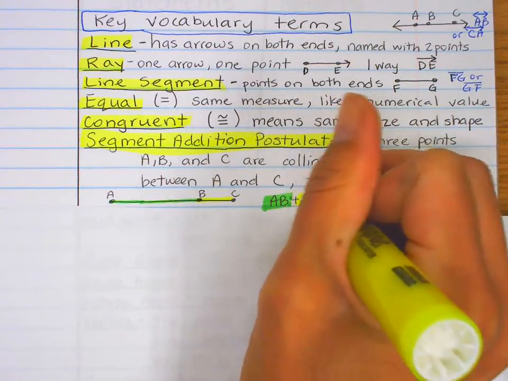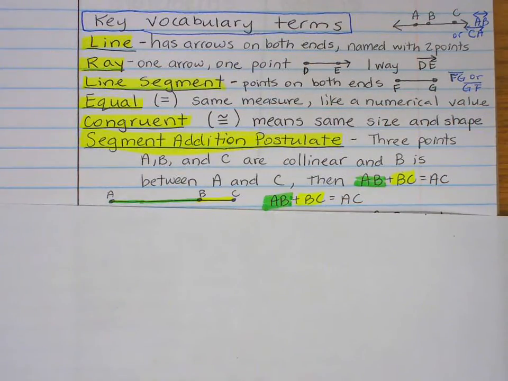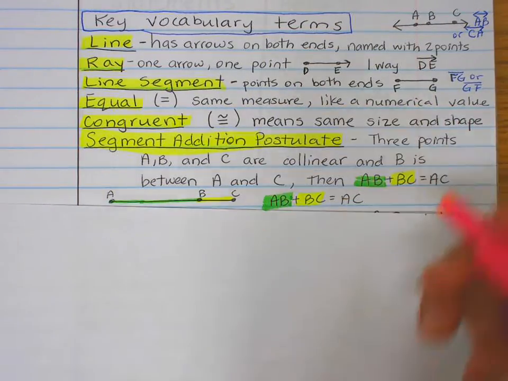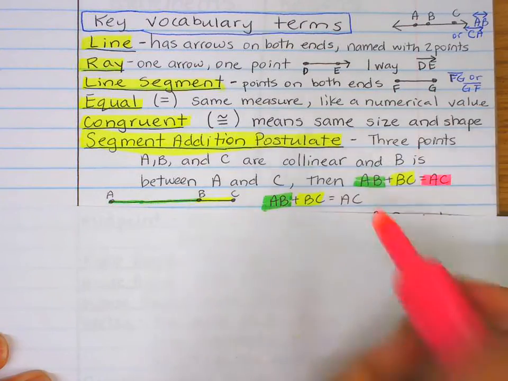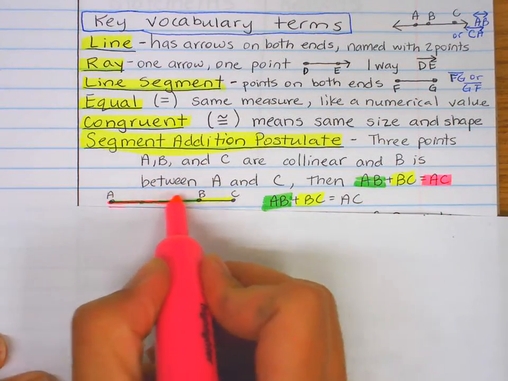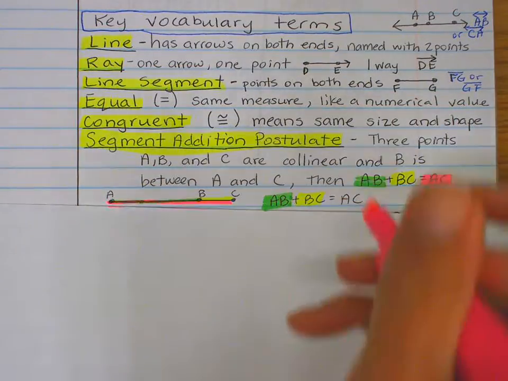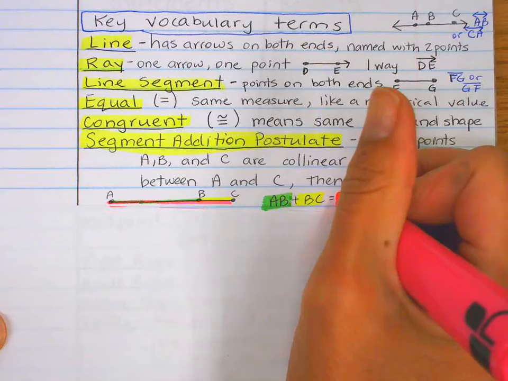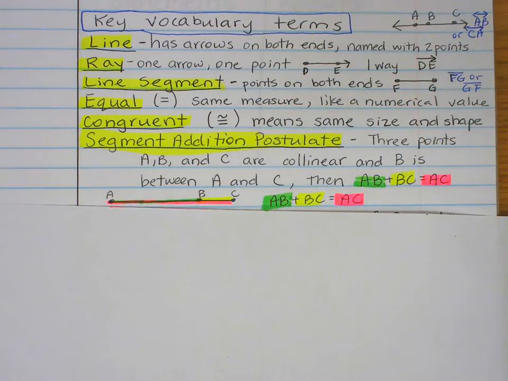And I just kind of rewrote that equation right there. And then that would equal the total, which is AC, the big segment. It's basically saying 1 part plus 1 part equals the whole thing. So AC is the whole segment. I hope the highlighter helps you a little bit to see how it relates. So again, AB plus BC equals AC.